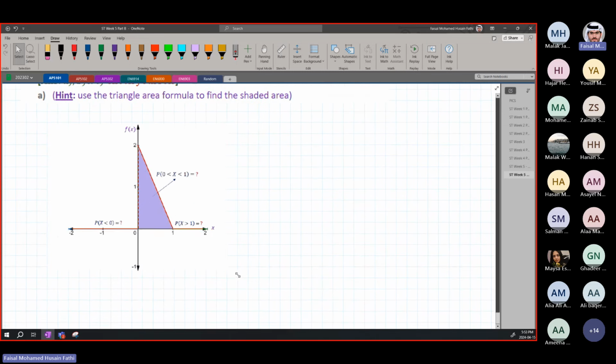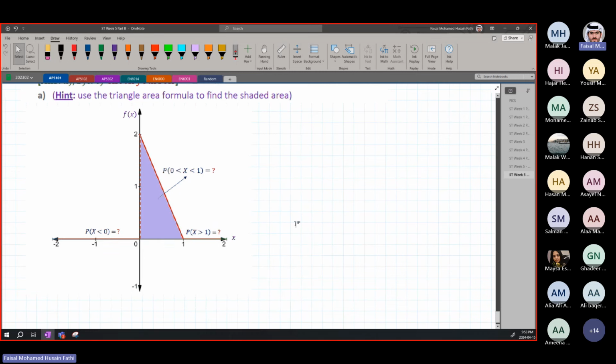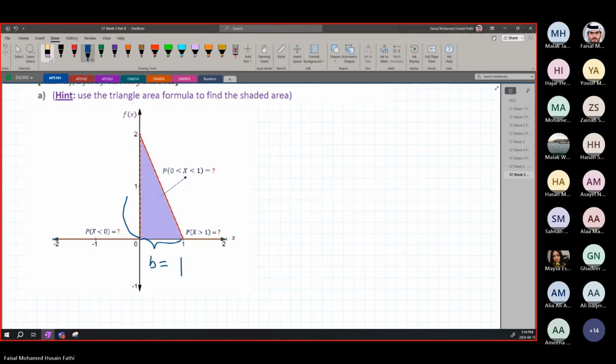Again, this is very easy. All you have to do is basic geometry here. To find this area, this purple area, you have to look at the base of this triangle. Remember, this is a triangle. Base is equal to 1. The distance from 0 to 1 is just 1. And the height, this is our height h, the distance from 0 all the way to 2 is equal to 2.